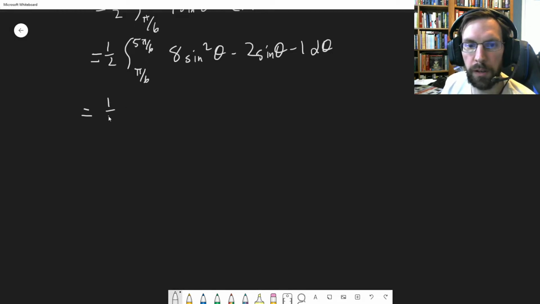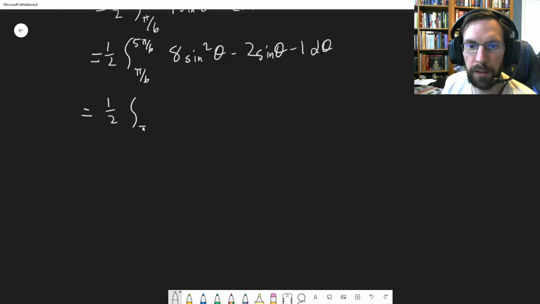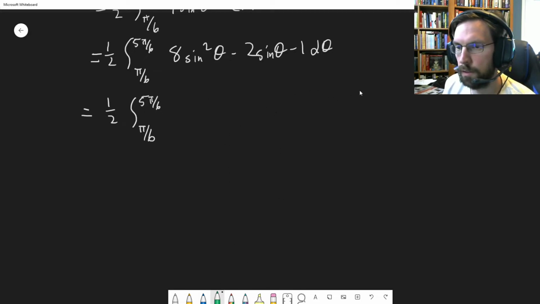Okay, so this should be 1/2. We wouldn't take the antiderivative of this right away. We need to use another half angle identity. The half angle identity we want to use is, right over here, sine squared x is equal to 1 minus cosine 2x over 2.